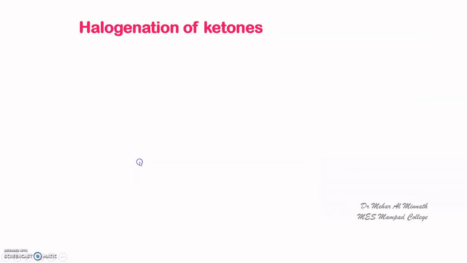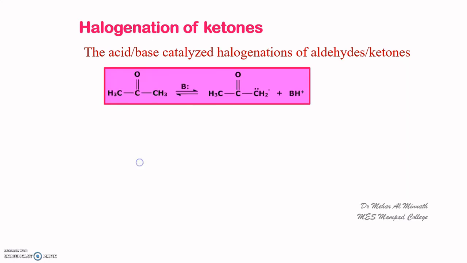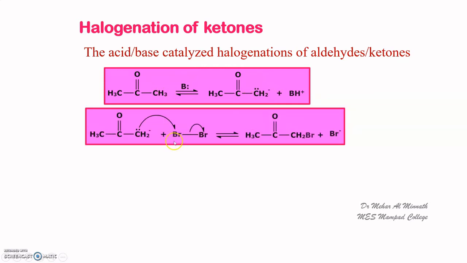Alright, now halogenation of ketones. This is either acid or base catalyzed halogenation. Even carbonyl compounds, both aldehydes and ketones, undergo this halogenation. You can see here, similar to the tautomerization which we have seen earlier, a carbanion is formed over here. The base abstracts the alpha proton, and we get a carbanion.